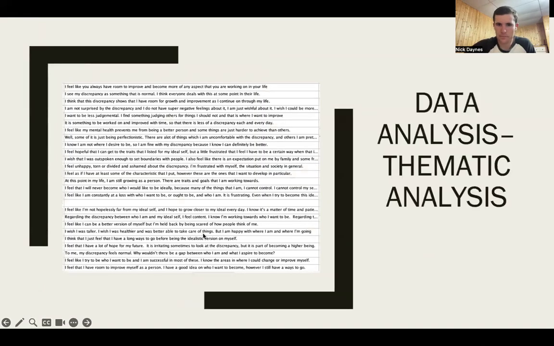Okay. So, like I said, the data is not numerical. They're in the form of words. So here's the data. This is a screenshot, and these are sentences that people wrote, over 20 words, right? And the specific technique that we used is called thematic analysis, which means we basically pull out common factors, common themes out of the data.